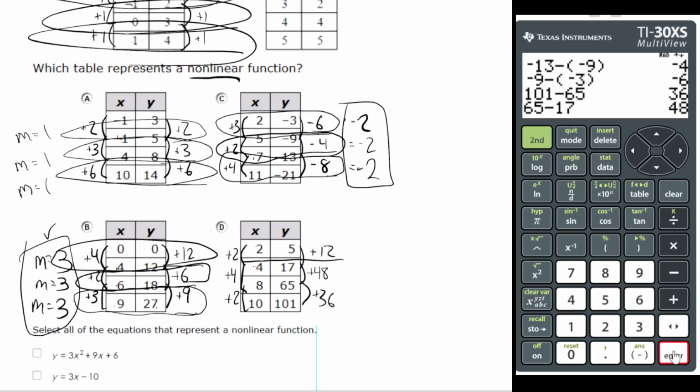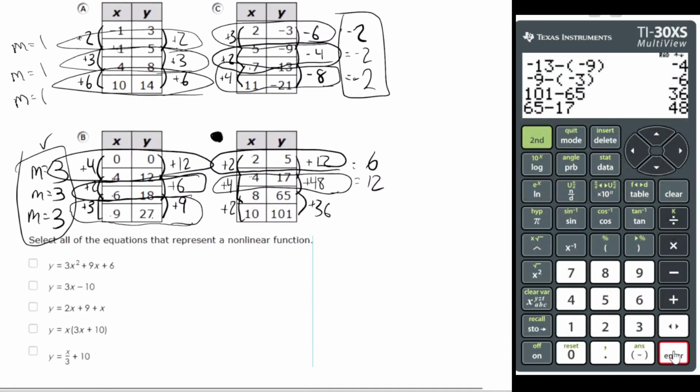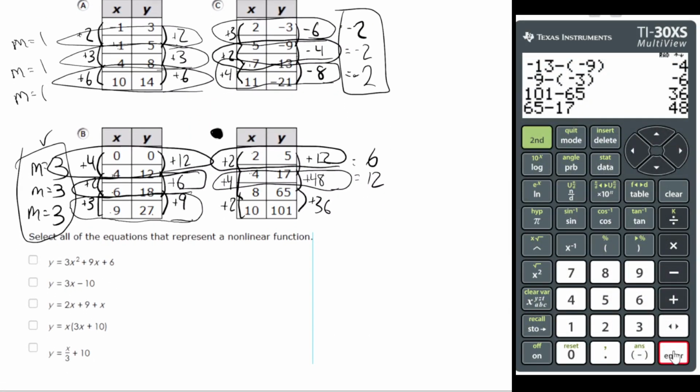We check our slopes. 12 divided by 2 is 6. 48 divided by 4 is 12. Uh-oh, slopes don't match. Nonlinear. Like I said, those problems can take a bit, depending on which choice is the right one.